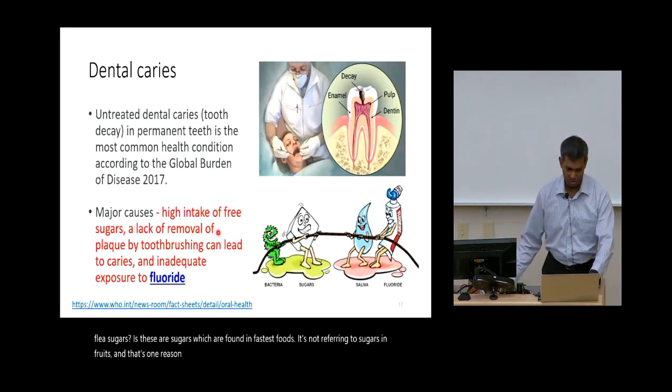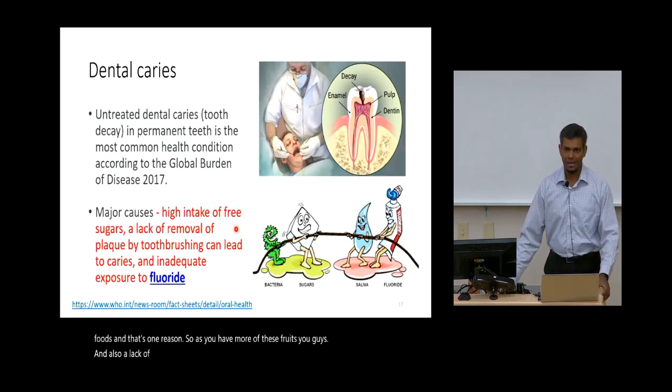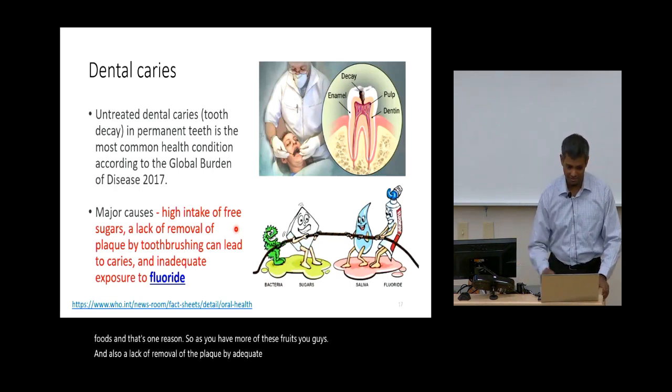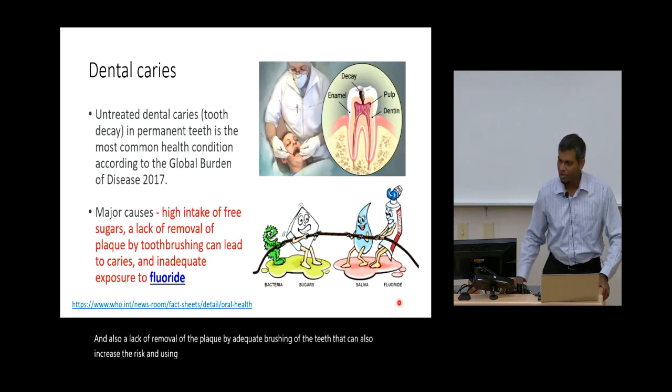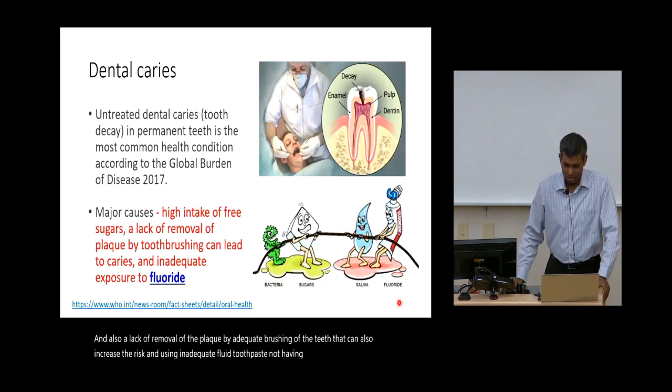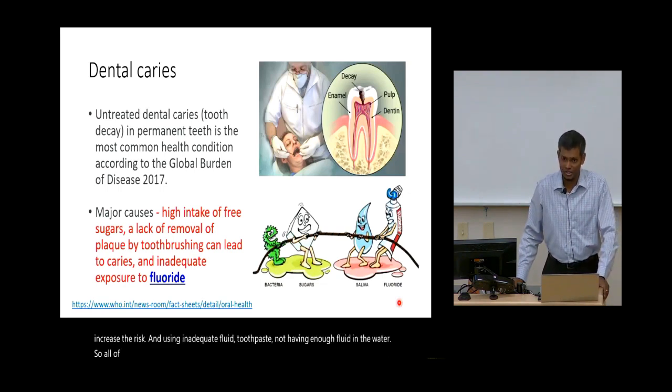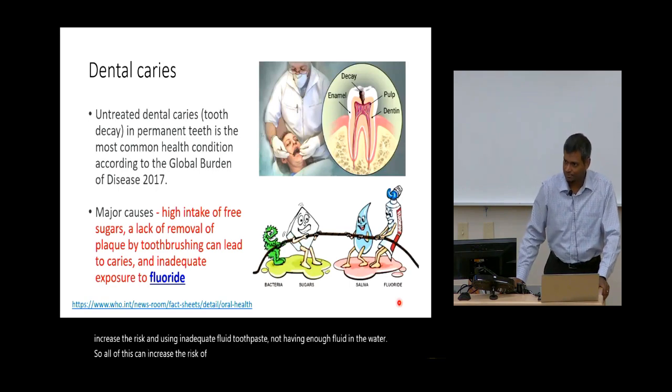So as you have more of these free sugars, and also a lack of removal of the plaque by adequate brushing of the teeth, that can also increase the risk, and using inadequate fluoride toothpaste, or not having enough fluoride in the water. So all of this can increase the risk of dental caries.